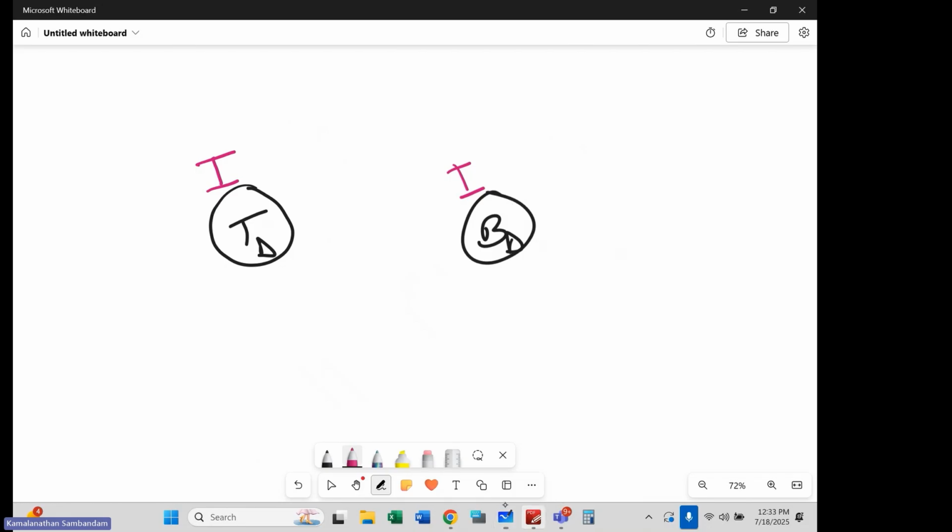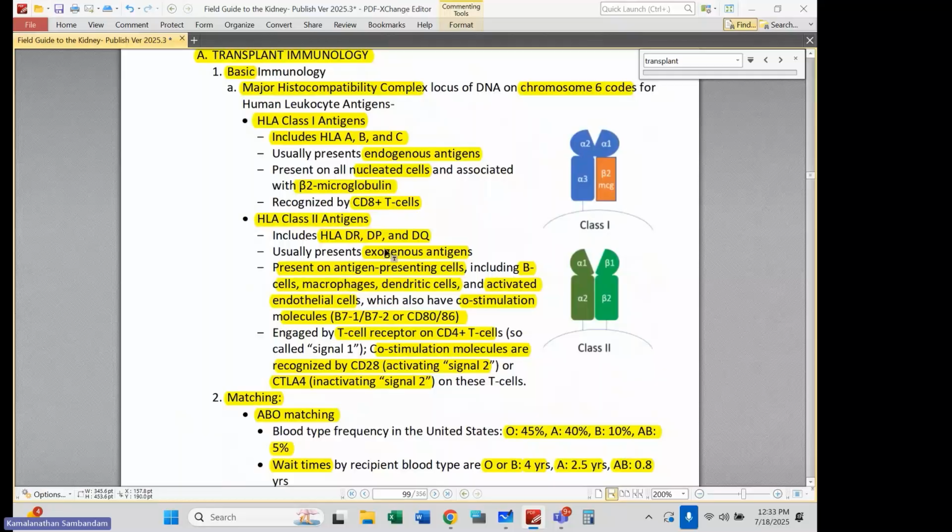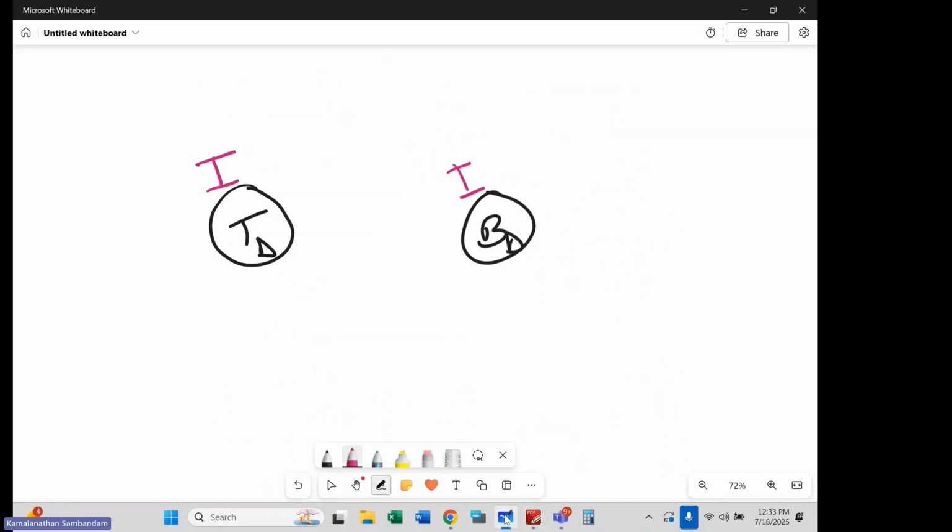But if you recall, they're also considered professional antigen presenting cells. B cells also express class 2 molecules, so they have class 2 present too: DR, DP, DQ.